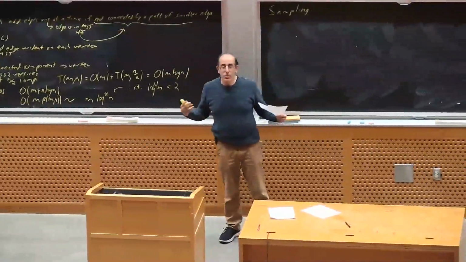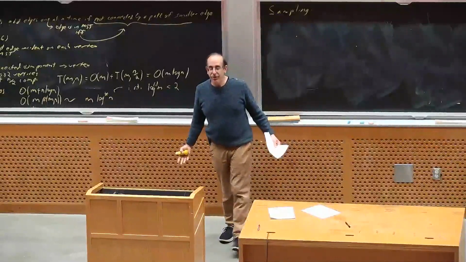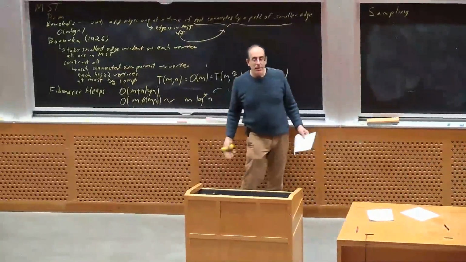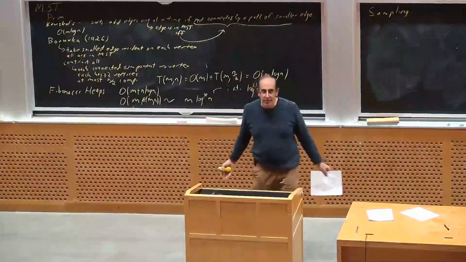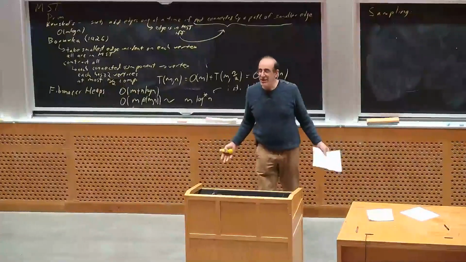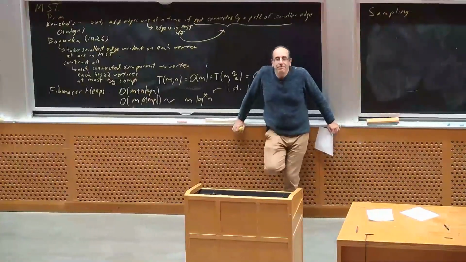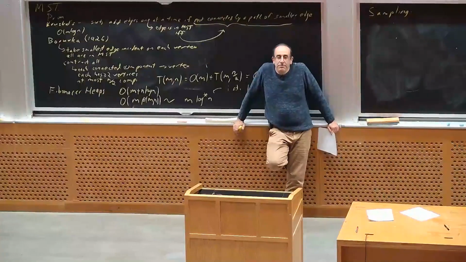We're now working on sampling structures. If you have a graph, what might be a plausible thing to sample in order to give yourself insight about what the minimum spanning tree looks like? And what might the intuition be about what it would tell you?